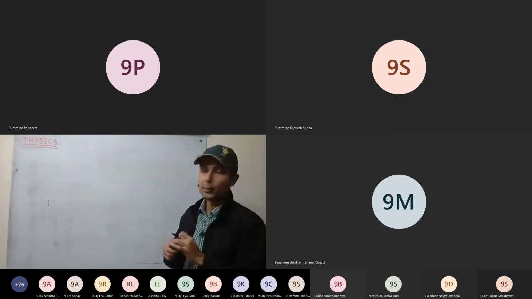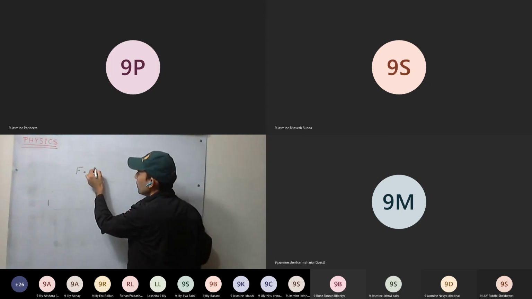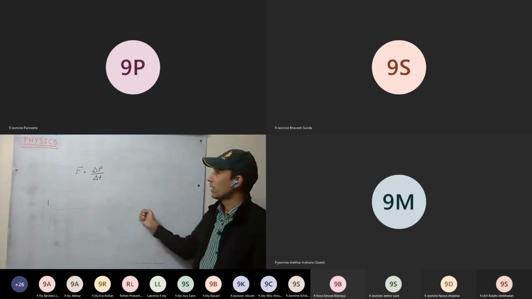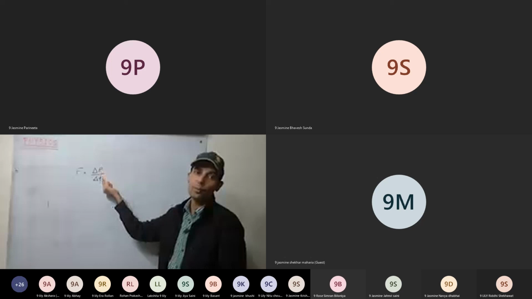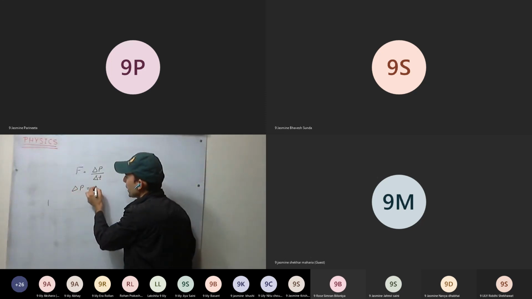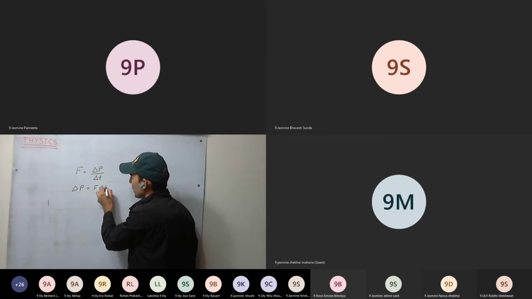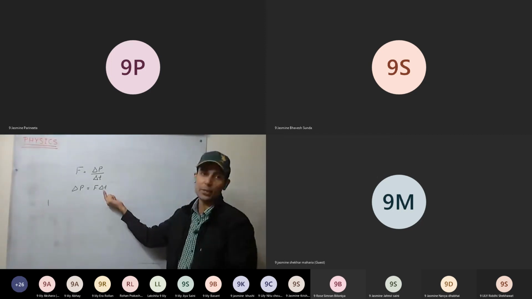Now we'll take some examples from our daily life. See here, we have discussed F equal to delta P upon delta T. Force applied on the body is nothing but rate of change of momentum. Or we can write change of momentum is force multiplied with the time duration.